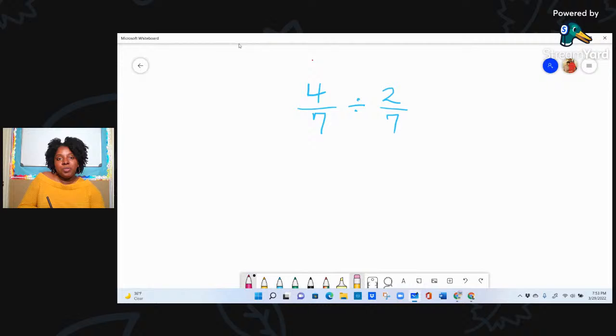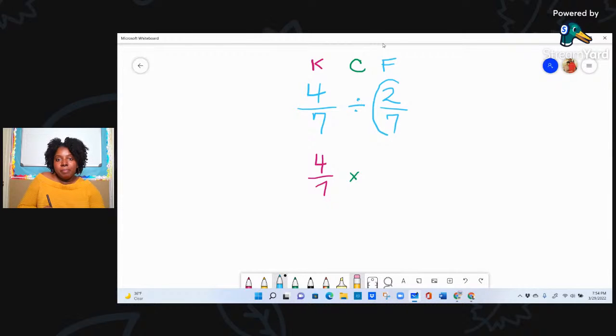So this first fraction, we keep it the same. We're going to change division to multiplication, and we're going to flip the last fraction. We're multiplying by the reciprocal.